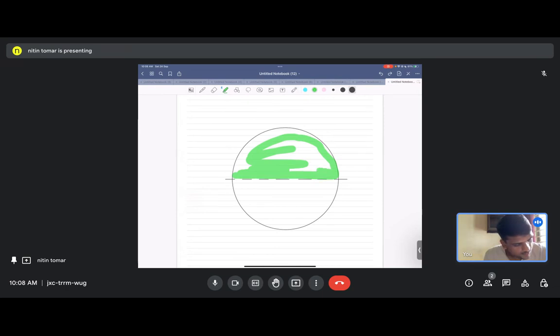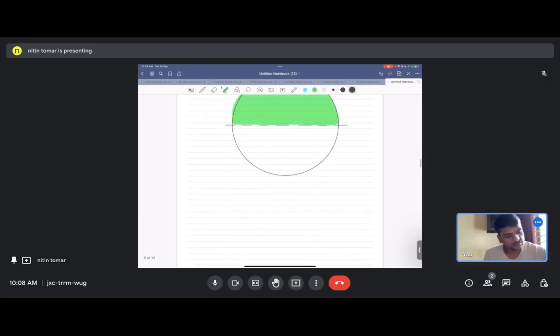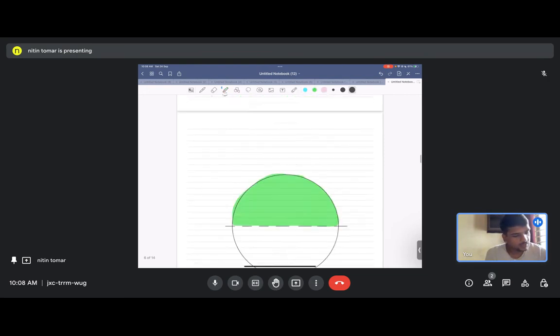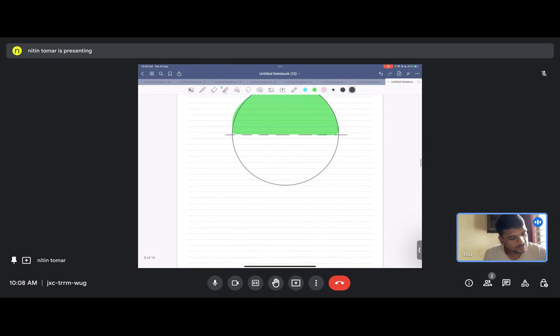D plus is this part, all those complex numbers which lie in the upper half part of the open unit disk, and D minus is the lower half part.